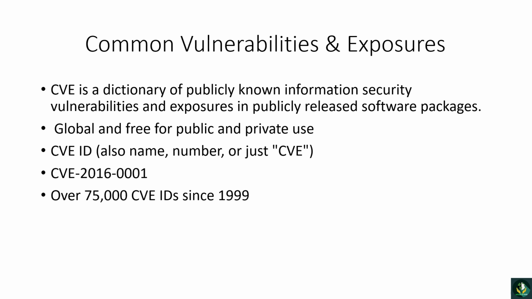The CVE ID number includes the year the CVE was published, and serves as a reference to a single vulnerability in a specific public software distribution. There are currently over 75,000 CVE IDs published since 1999.